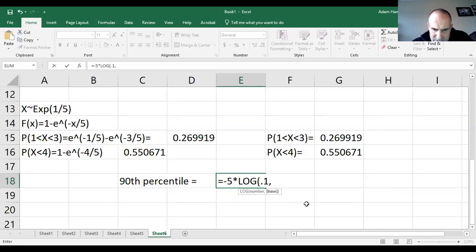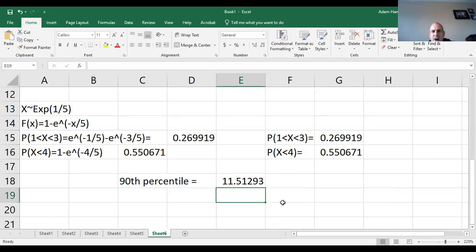Well, the base for this was the exponential of 1, right? It's the number e. I don't think it would have worked for me to just put e in here. And I get 11.51293.